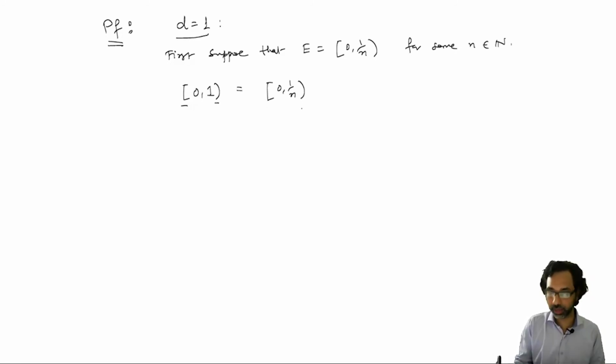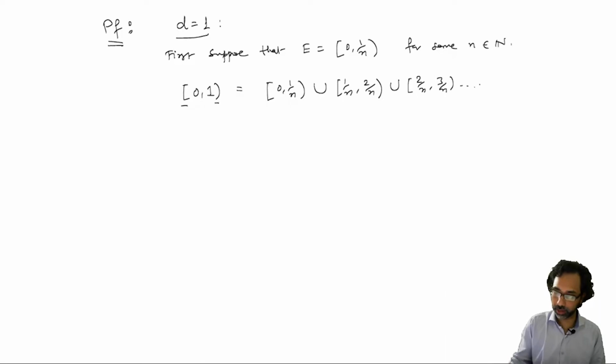I take [0, 1/n) union [1/n, 2/n) union [2/n, 3/n), and so on, and the last one is [(n-1)/n, n/n), which is 1.